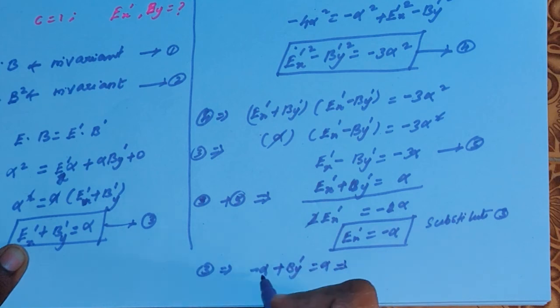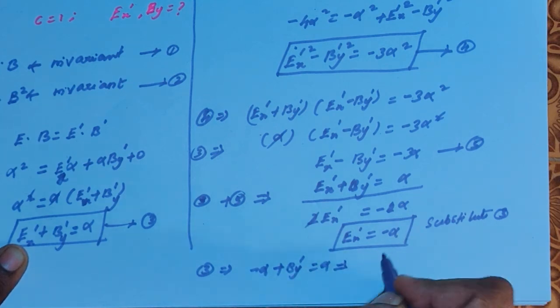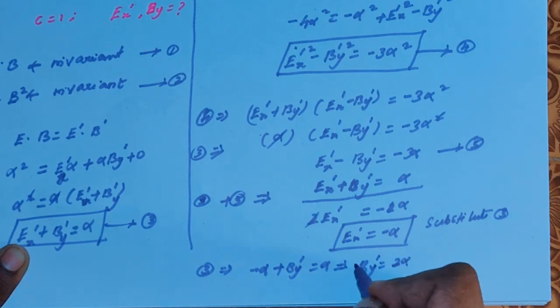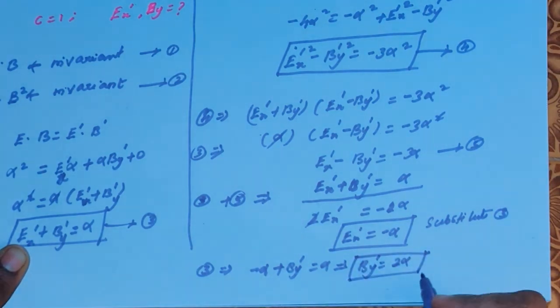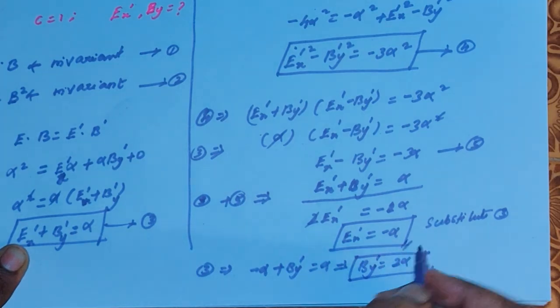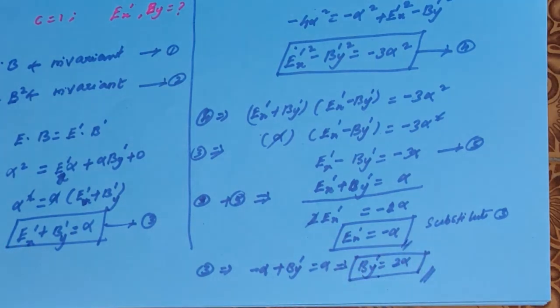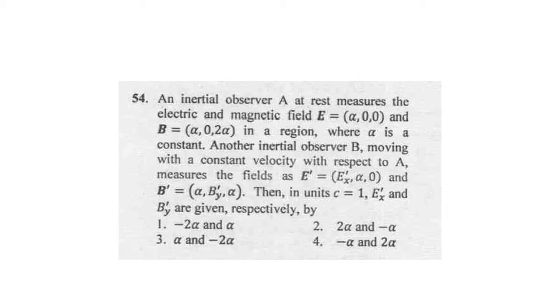So minus alpha going to the right hand side is plus alpha, so By prime is equal to alpha plus alpha, it is 2 alpha. So these are the values you should have, Ex prime as well as By prime, according to the invariant quantities. So from the covariant equations, we got the answer: E prime is minus alpha, B prime is plus 2 alpha. So the fourth one is the right answer.